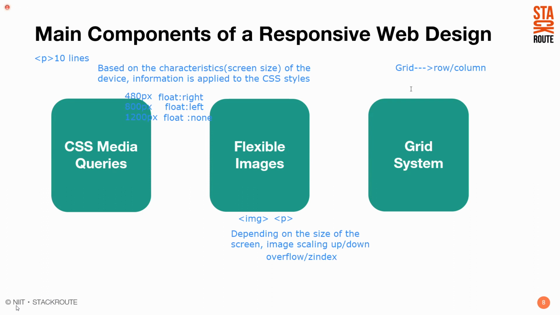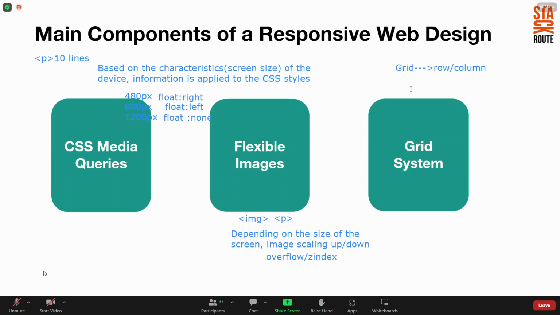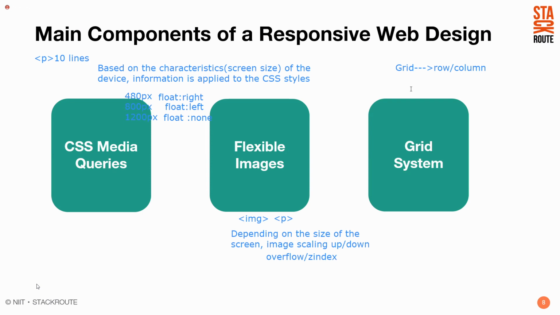Again, I'm repeating. Based on the screen size, I'm going to adapt my information with the help of CSS styles. That can be achieved with the help of media queries. We will be using the CSS media property. The other one is flexible image. Again, depending upon the screen width of the device I'm using, my images will automatically fit, with or without a wide gap, but I'm going to adapt my image on my screen.